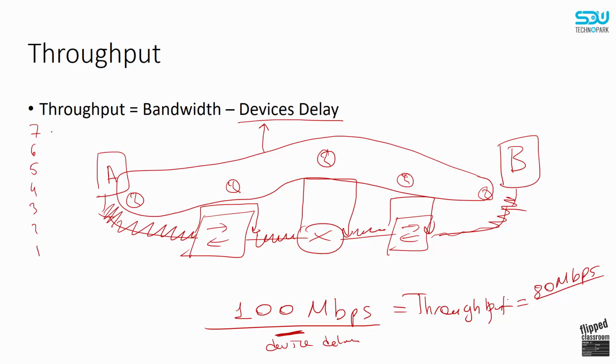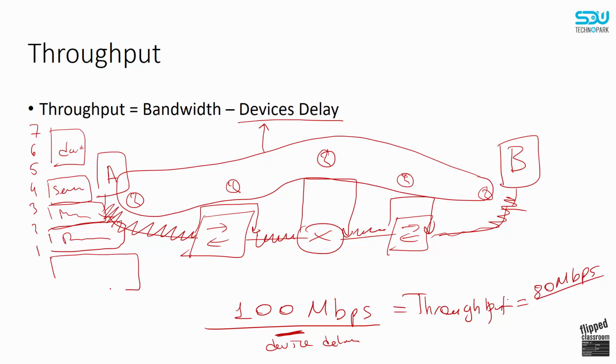And when this encapsulation is happening, first of all we have data. Afterward, our data is changed and becomes the segment. The segment is a little bit bigger than data, and afterward the packet is a little bit bigger, and the data link frame is a little bit bigger, and afterward we have the bit code, which is also a little bit bigger.